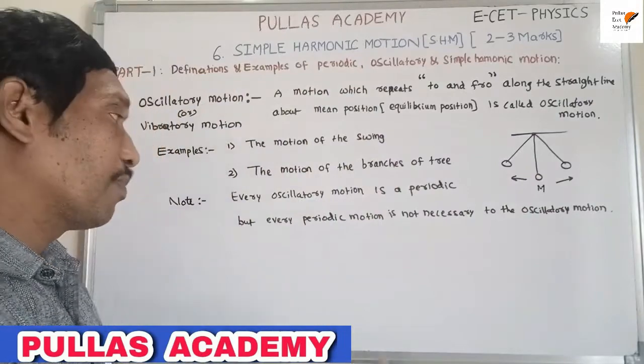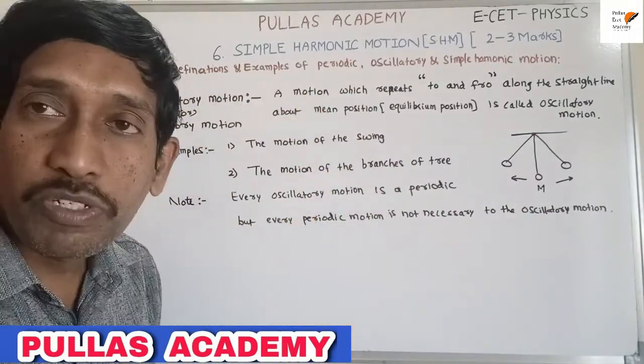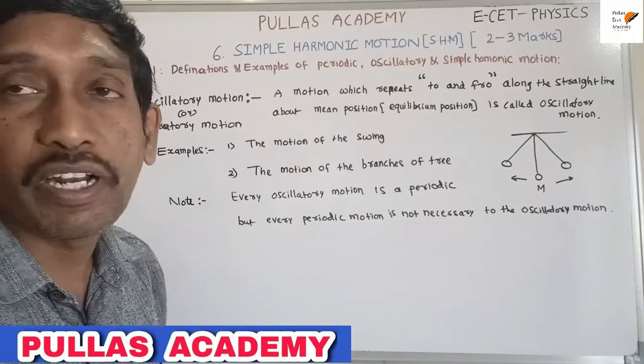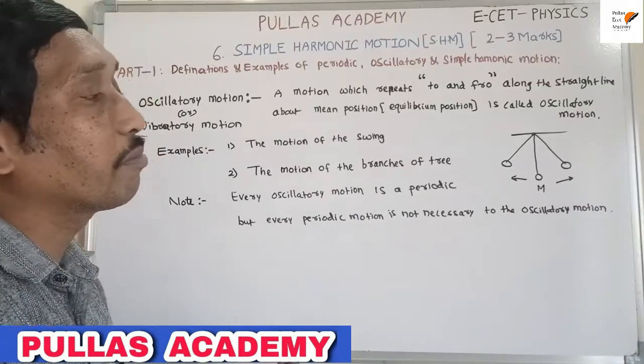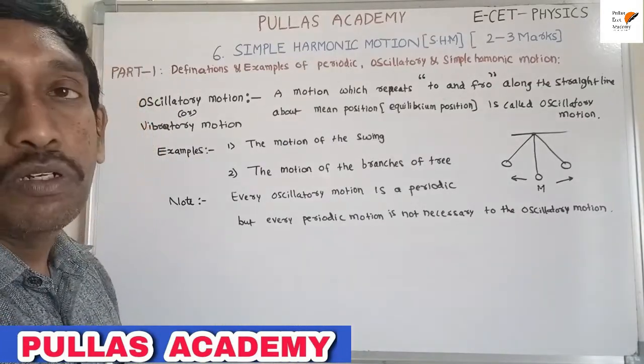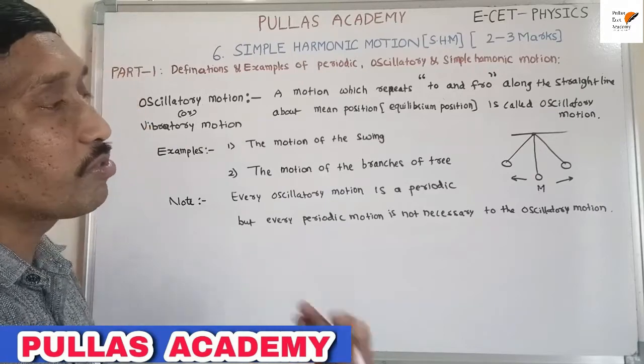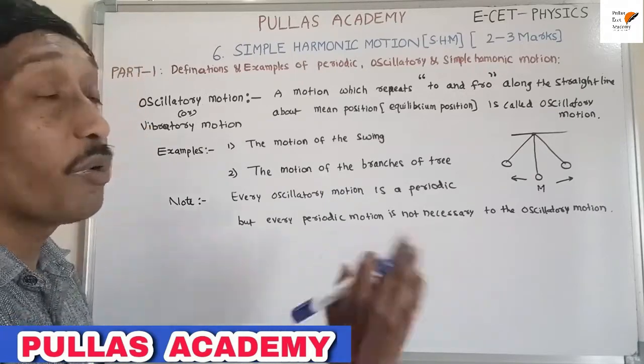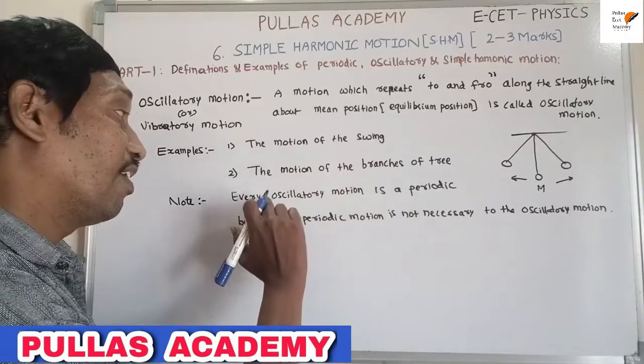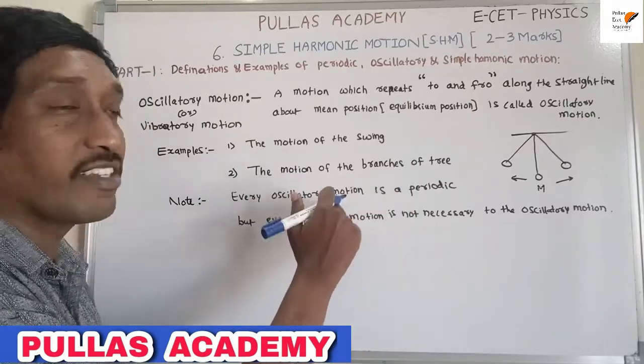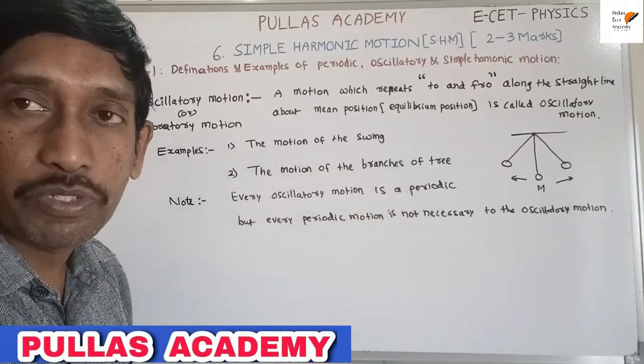That means if any object is in oscillatory motion, that is also periodic motion. If any object is in periodic motion, it is not necessarily oscillatory motion. Some periodic motions may also be oscillatory motion, but it is not necessary. But if it is oscillatory motion, it is necessarily periodic motion. Why?